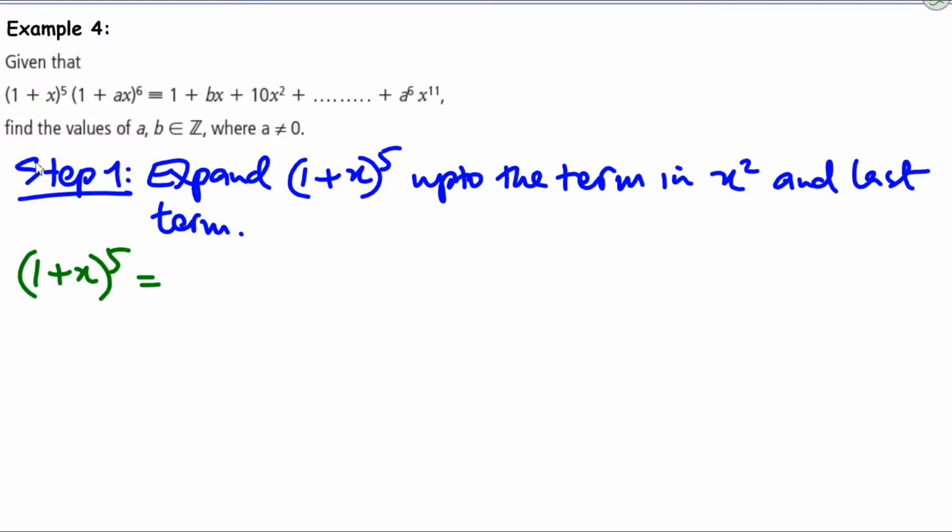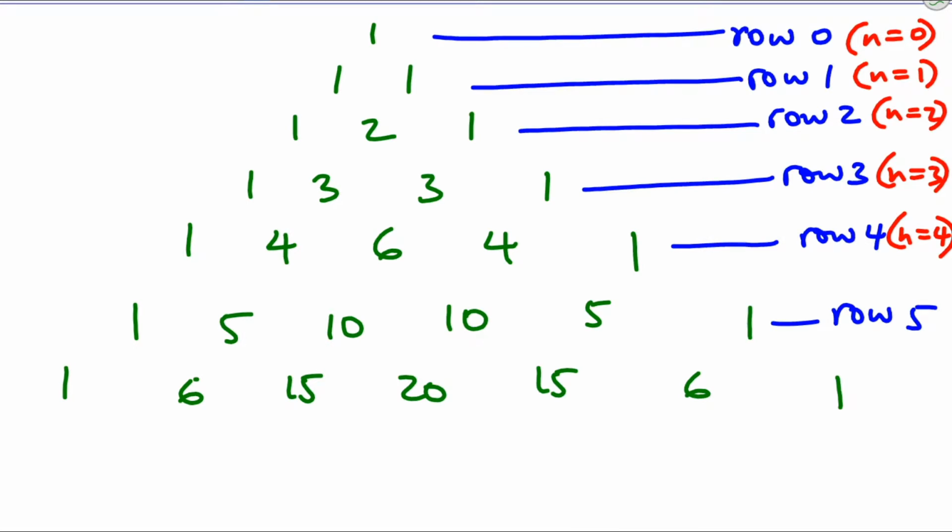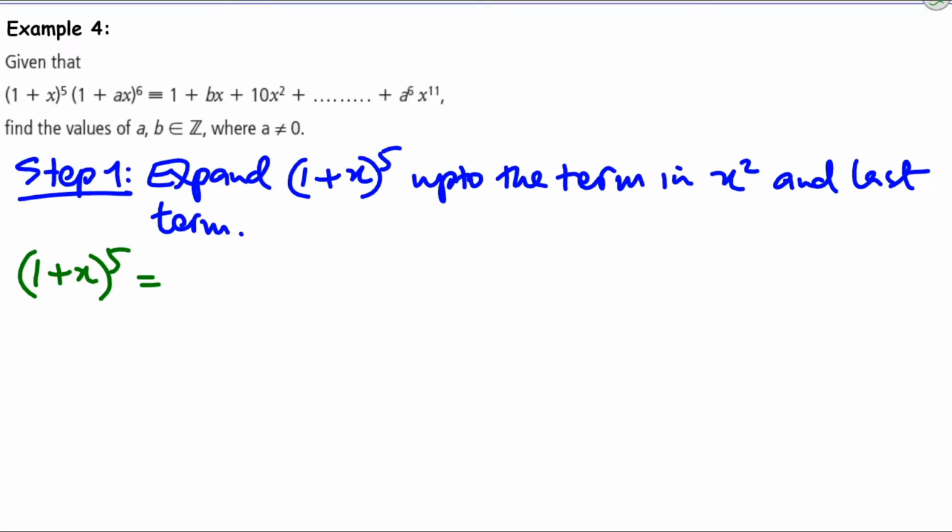Let's assume this is a non-calculator question, which means you need to use Pascal's triangle. So the coefficients are 1, 5, 10, 10, 5, 1. But also remember that the powers of 1 are decreasing, and 1 to the power anything multiplied by anything will just be what it is.